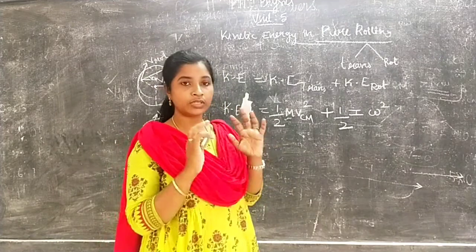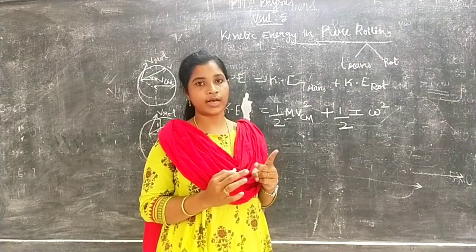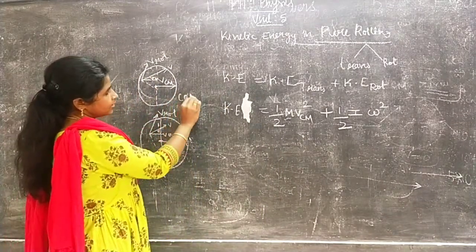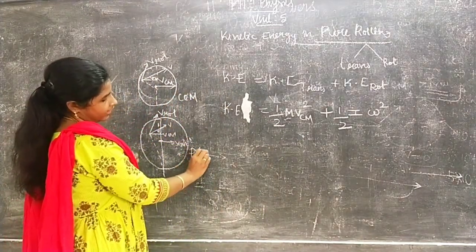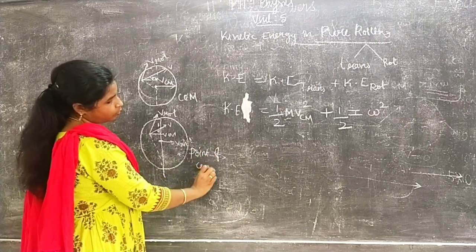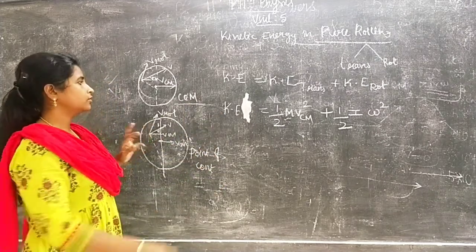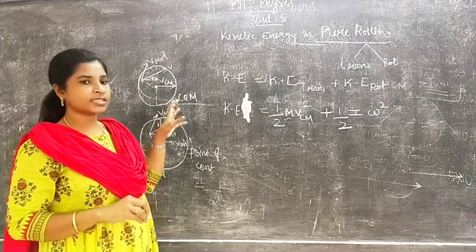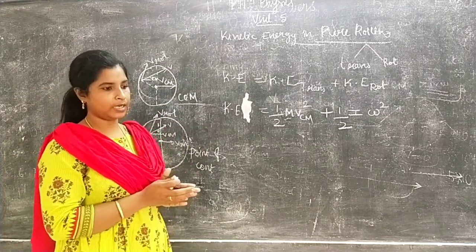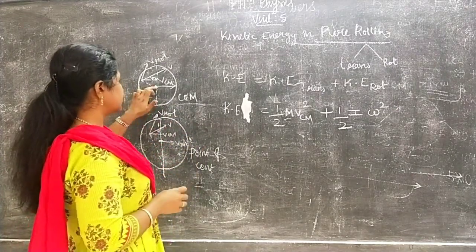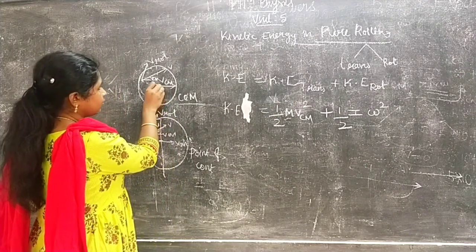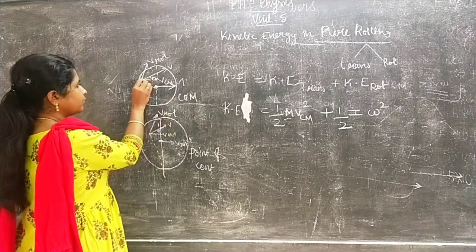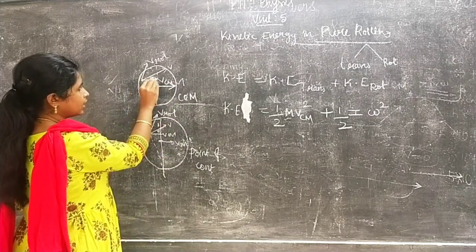Now we are going to find out the kinetic energy with respect to two aspects: one with respect to the center of mass, and the other with respect to the point of contact. When we take the axis with respect to the center of mass, the point is moving with the velocity VCM.